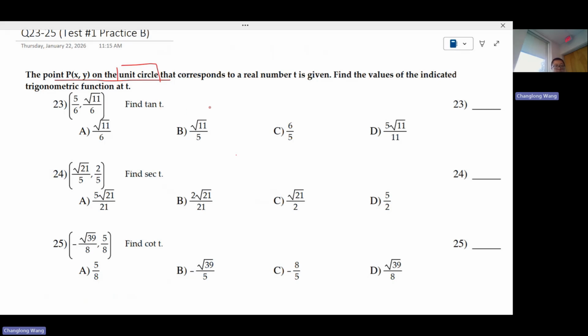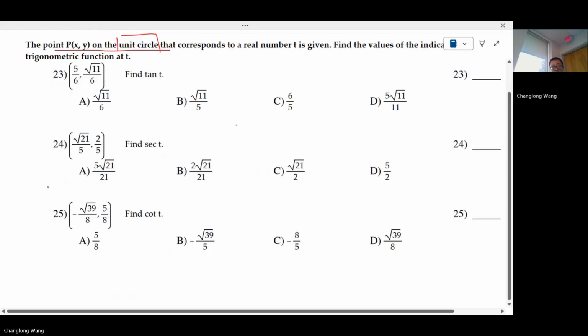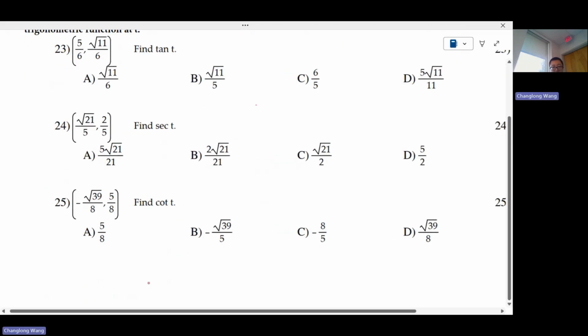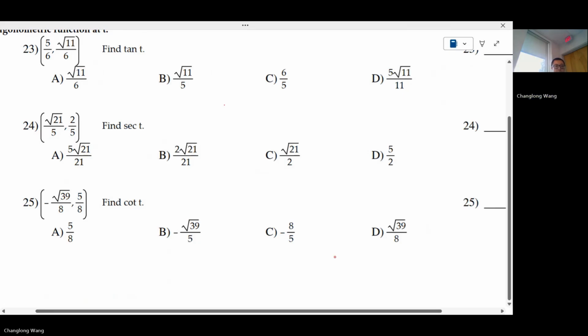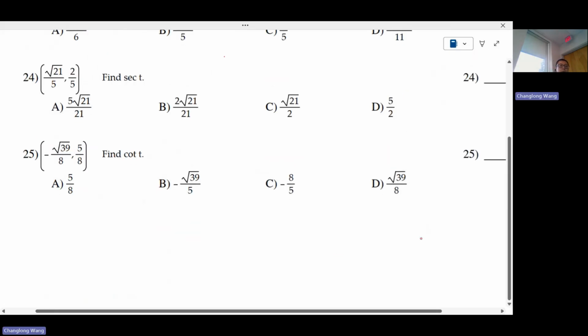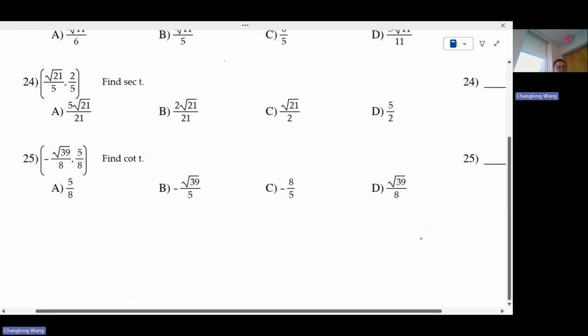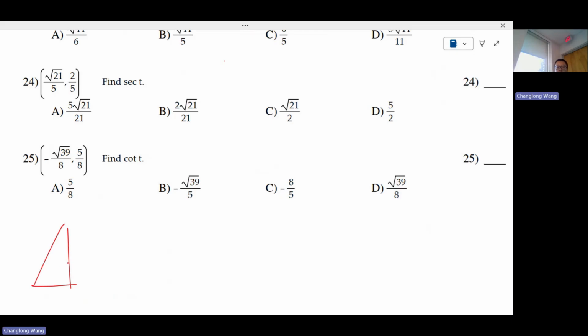Anyway, let's take a look at number 24, because when it comes to secant and cosecant, these are always a bit non-intuitive. What I suggest you do is, as soon as you get the spreadsheet, draw a whole bunch of things, maybe the special triangles.